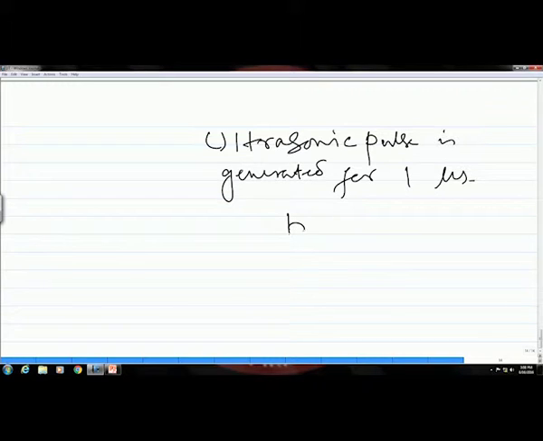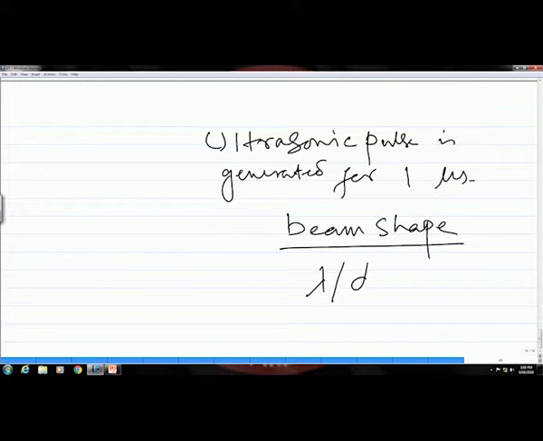And then we talked about the beam shape, and we saw that it primarily depends on this ratio lambda by d, where lambda is the wavelength of the sound waves and d is the diameter of the ultrasonic probe.